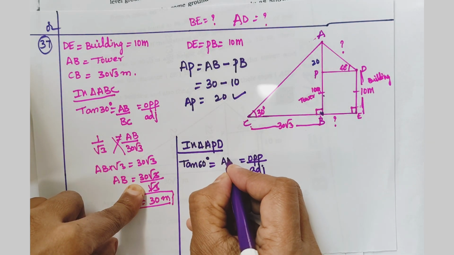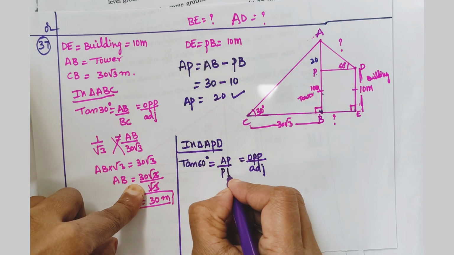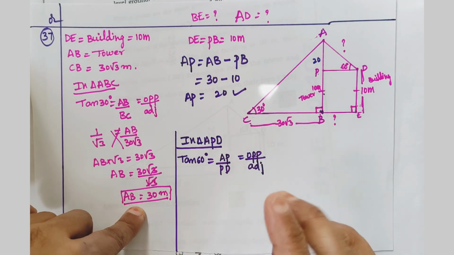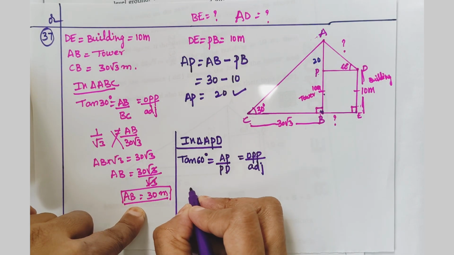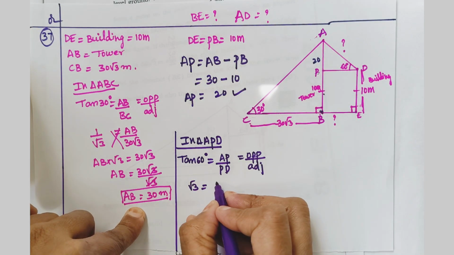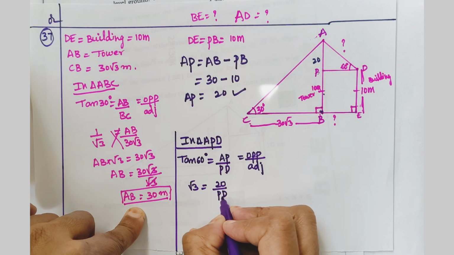AP is the opposite. What is the adjacent? PD is the adjacent. What is the tan 60 value? Tan 60 means root 3. Root 3 is equal to AP measurement 20 by PD, we don't know, write as it is, PD.